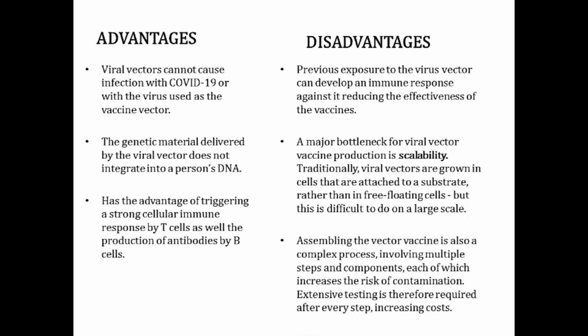Assembling the vector vaccine is also a complex process involving multiple steps and components, each of which increases the risk of contamination. Extensive testing is therefore required after every step, increasing cost.